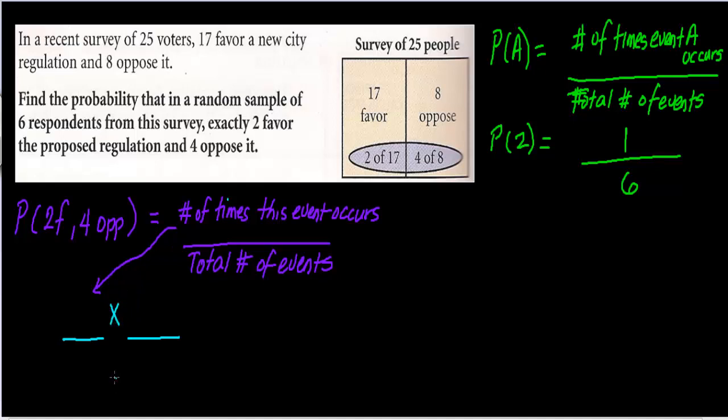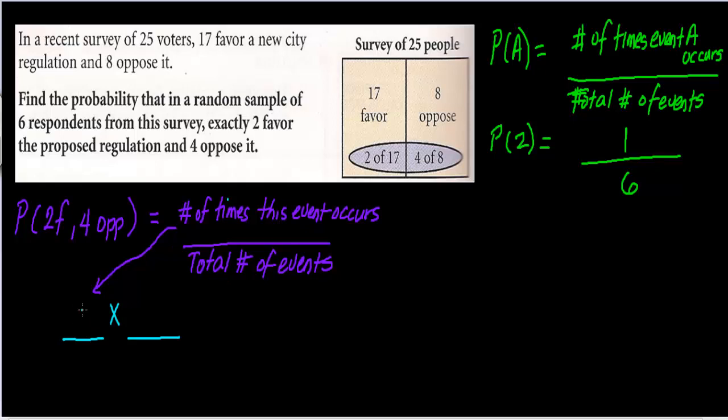My first event here is the number of people that will favor the regulation. They're asking what's the probability that 2 of the 6 people chosen favor the regulation, out of the 17 who favor it. How do I find that? When I choose a total of 6 people, what are the chances that 2 of the 6 favor this regulation?